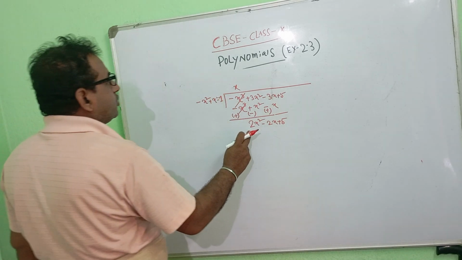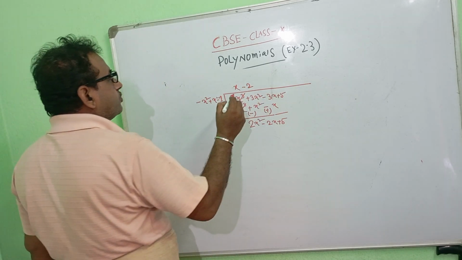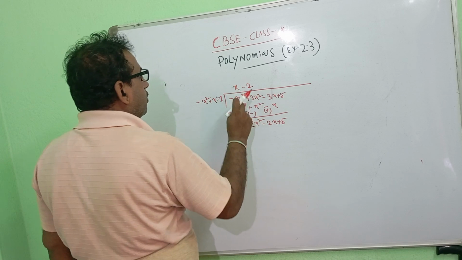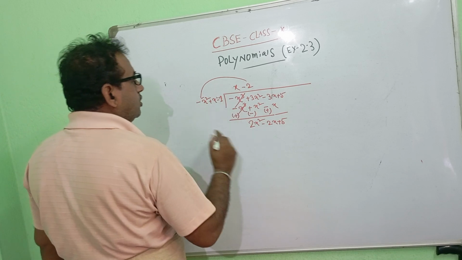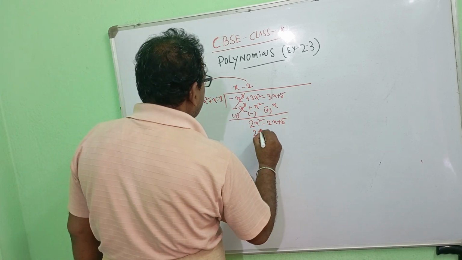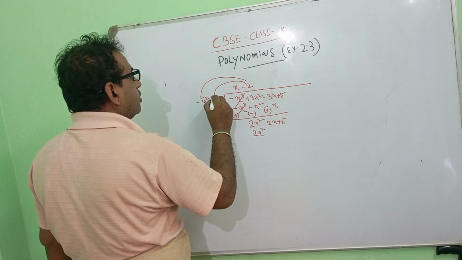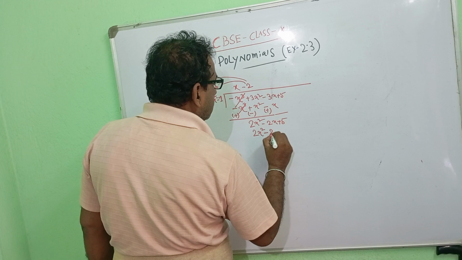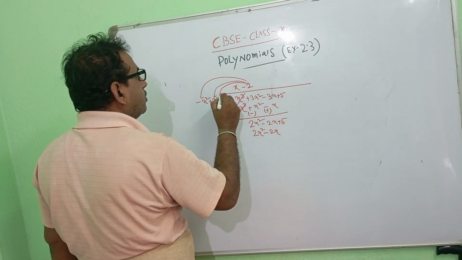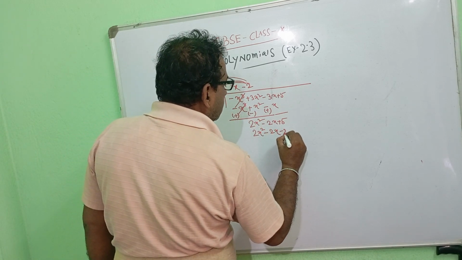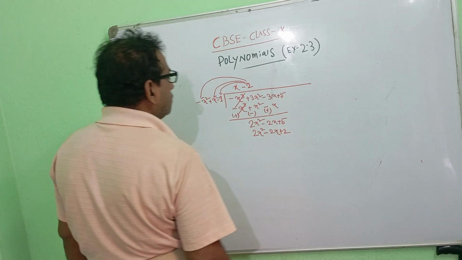Now we have to put this, that is minus 2. Why minus 2? Now first thing, minus 2 into minus x square, that is 2x square, minus 2 into x, that is minus 2x, minus 2 into 1 is minus 2.